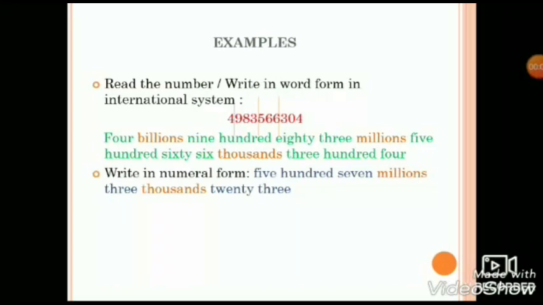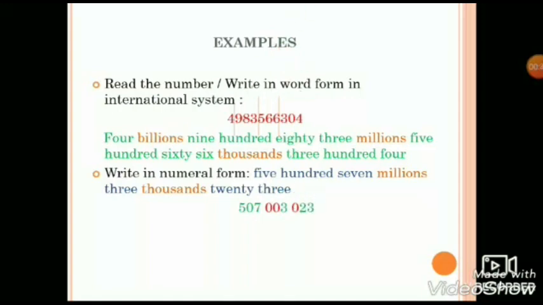Now suppose we have to write the given word form into its numeral form, and the word form is given in the international system: 507 million, 3 thousand and 23. So first we have to look for the periods, millions, thousands, and the rest is the ones portion. First we will look for the millions. 507 million is there, so we will write 507 in the million portion.